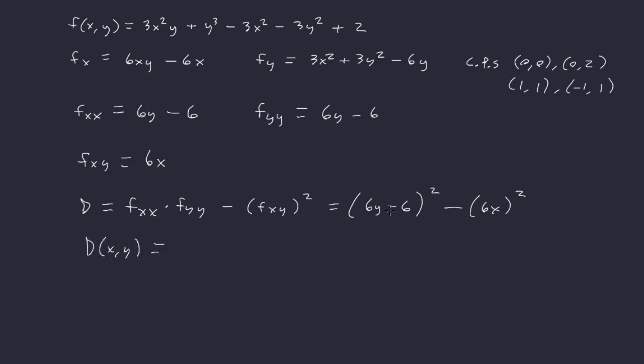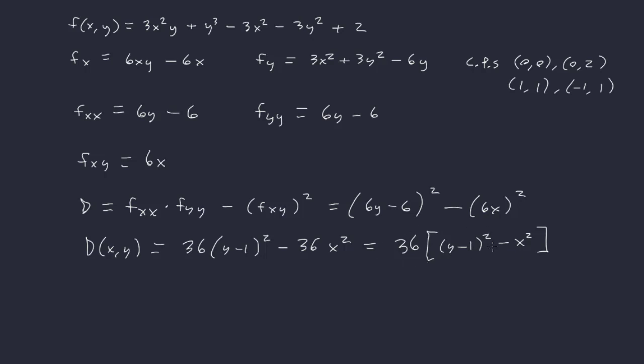So our D I will simplify by factoring out the 6 to get 36 times y minus 1 all squared minus 36x squared, which we could rewrite as 36 times y minus 1 all squared minus x squared.